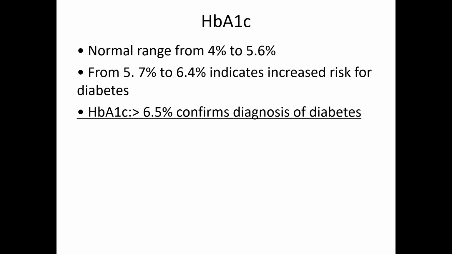So it gives an impression of glycemic control in the preceding 120 days or 3 months. Because of this long-term assessment, this test is of value in managing diabetes mellitus.